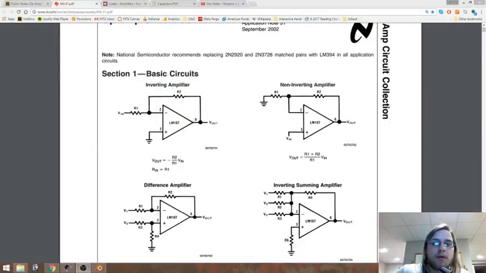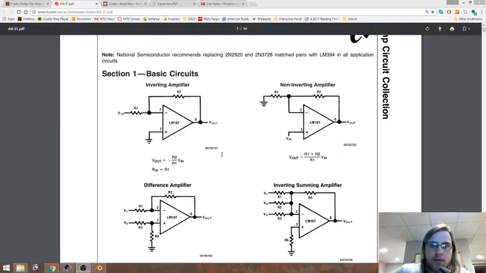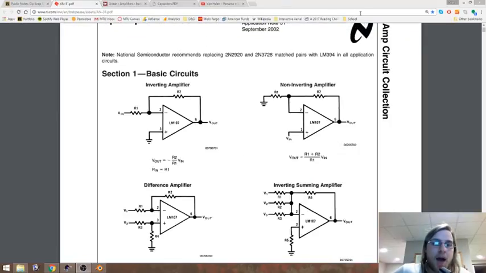Next, I want to talk about where you actually start when you decide you want to implement one of these circuits. All you really have to do is Google op-amp circuits, and you'll find lots and lots of different configurations.